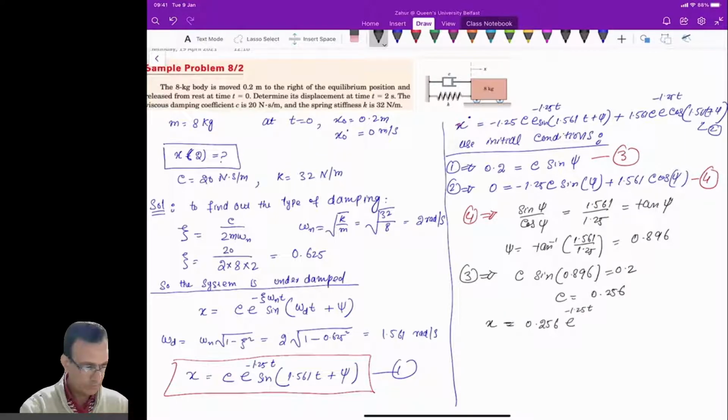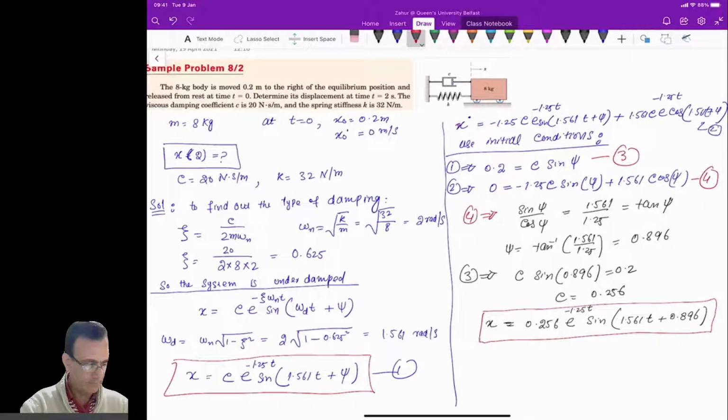e to the power minus 1.25t sine(1.561t plus psi). But obviously we know the value of psi here, which is 0.896. This is the value of x now. The equation becomes this equation now. So now everything is given.